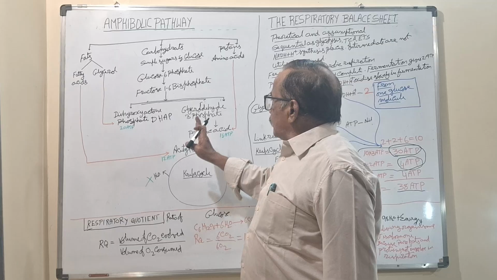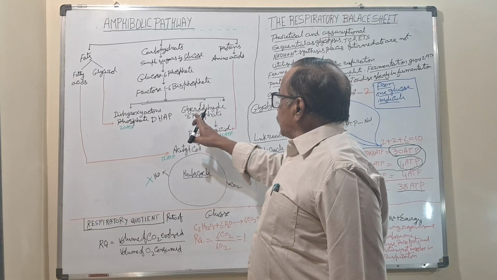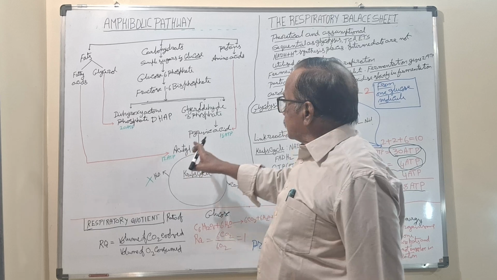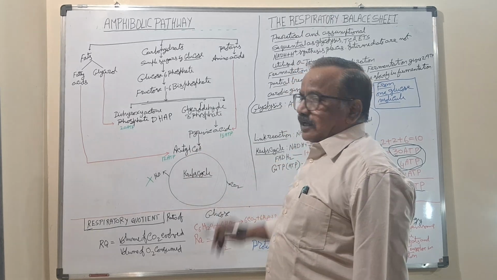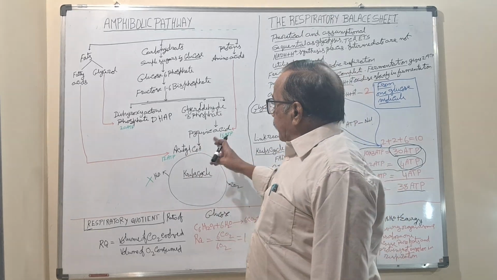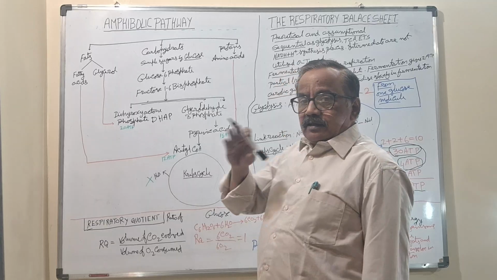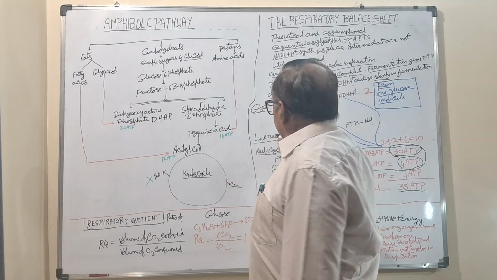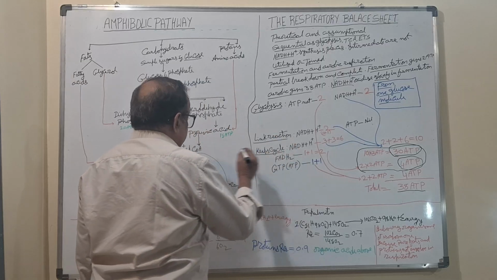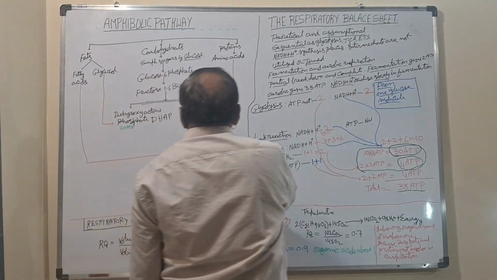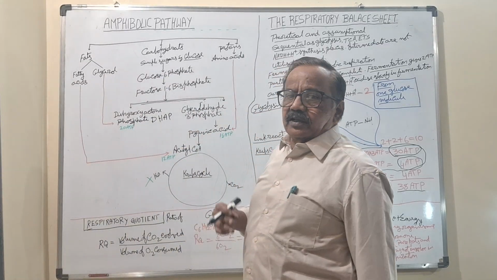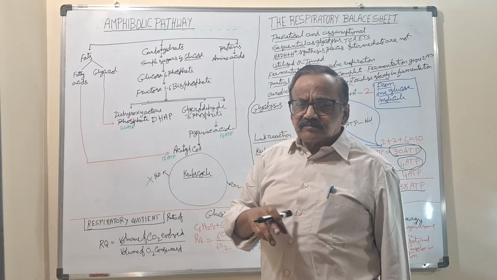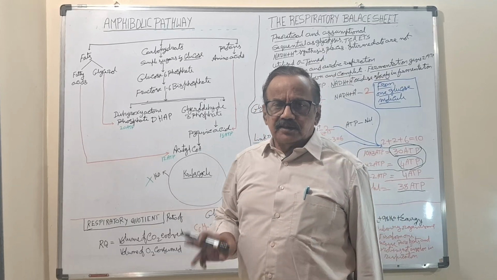And from here, glyceraldehyde 3 phosphate will run 5 more reactions and form 2 pyruvic acids. The pyruvic acid will enter into the mitochondria, and in the mitochondria the link reaction, whatever we told here, and the Krebs cycle will take place, and here it will be oxidized fully, and the entire energy which is present in the glucose will be released.